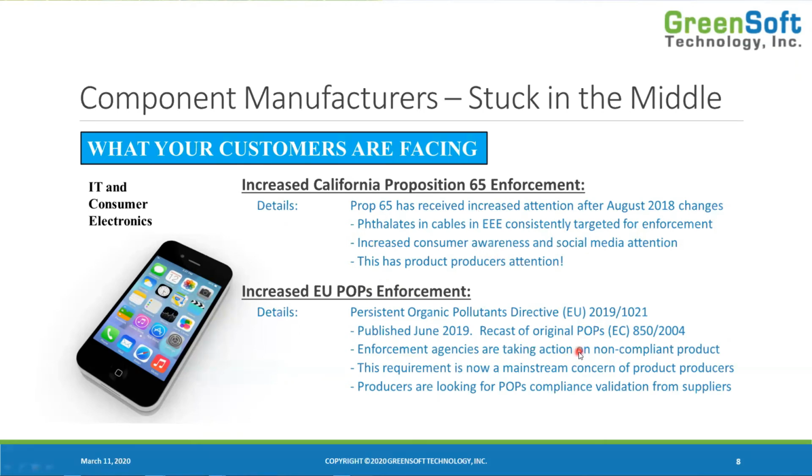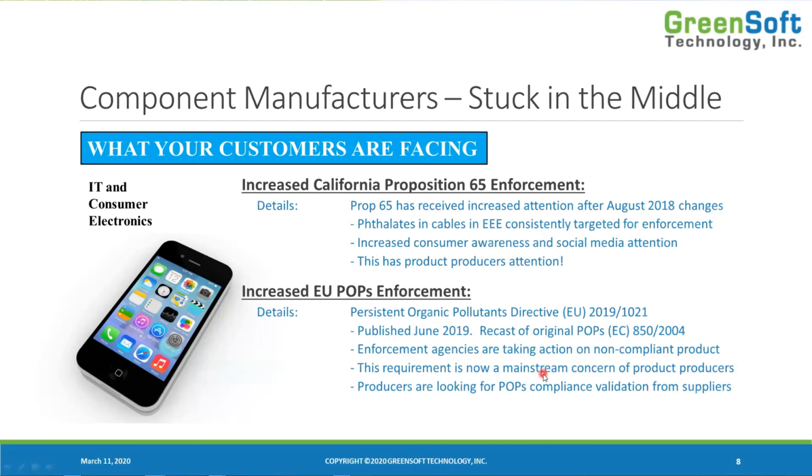Okay. And then also the POPs enforcement, because what happened is that the Persistent Organic Pollutants Directive was recast in 2019, last year, and the recast of the original directive brought it back into everybody's attention again.